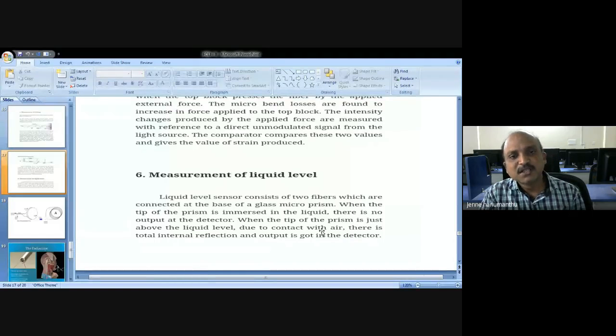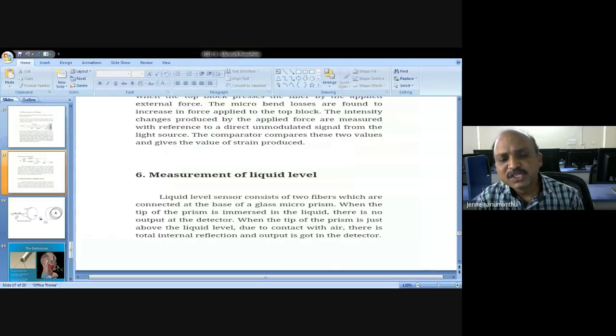But the question is how this liquid level is going to be measured with these optical concepts. Take a water container, filled with some water up to some level. That level you want to measure.